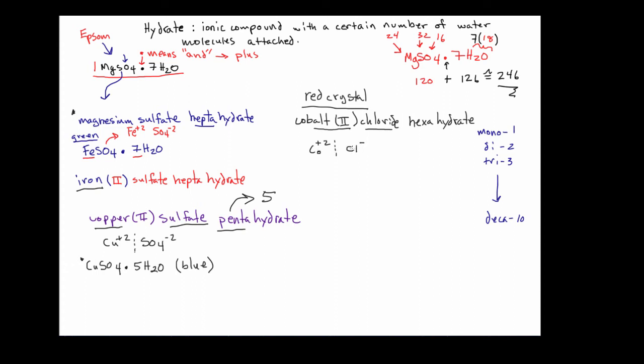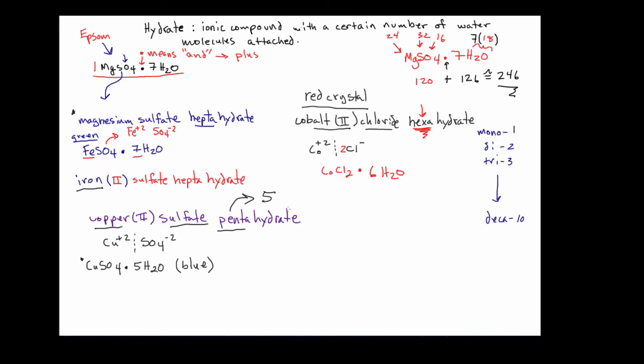In order to cancel this charge and get net zero, we're going to need 2 chlorides. So this is going to be CoCl2. Then we're going to have our dot, and the hydrate this time is hexa, so we need 6 H2O, and that completes the formula for this.